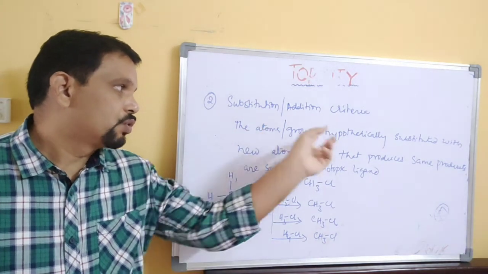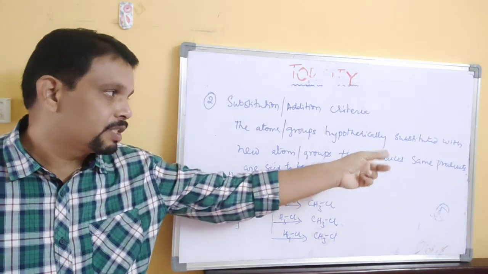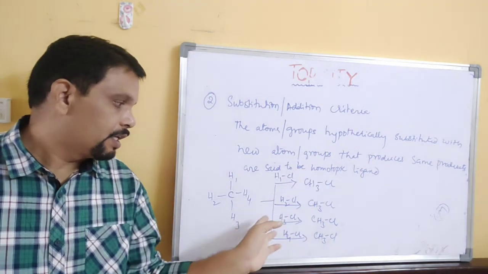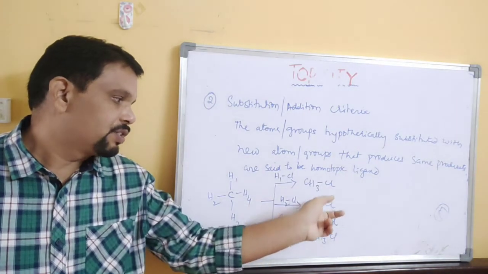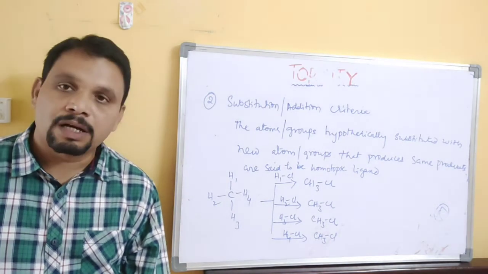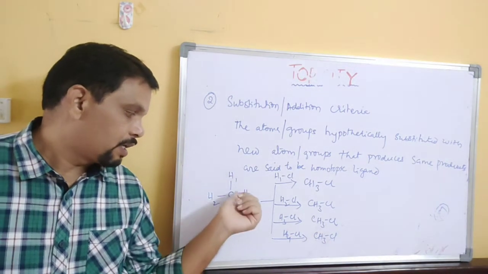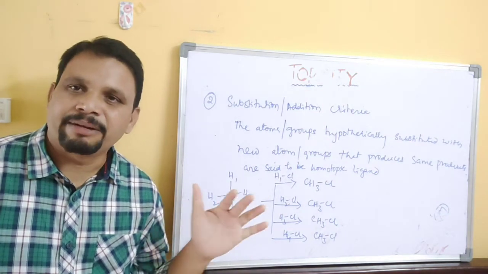the atoms or groups hypothetically substituted with a new atom or group produce the same products. So in this hypothetical reaction, you will get the same products by replacing the four hydrogen atoms, which are not different, they are same.